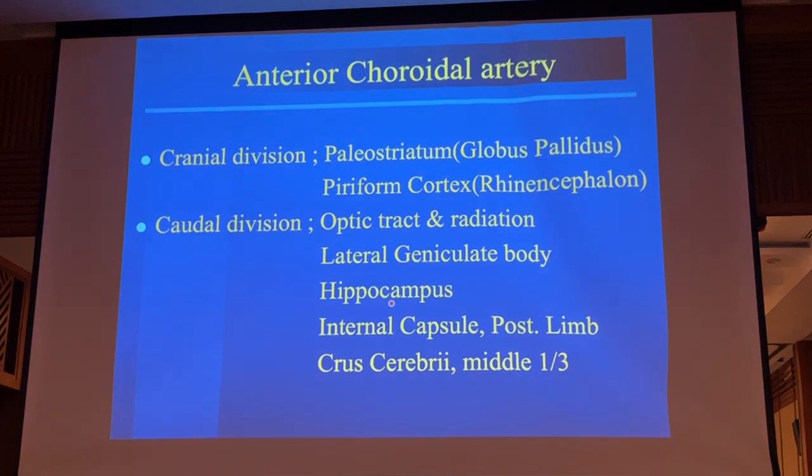The cranial division supplies the globus pallidus and piriform cortex, and the rhinencephalon is supplied by the anterior choroidal artery. The caudal division goes to the optic tract, optic radiation, lateral geniculate body, the hippocampus, and some of the internal capsule, the posterior limb of the internal capsule, and the cerebral peduncle. A portion of the cerebral peduncle is supplied by this.